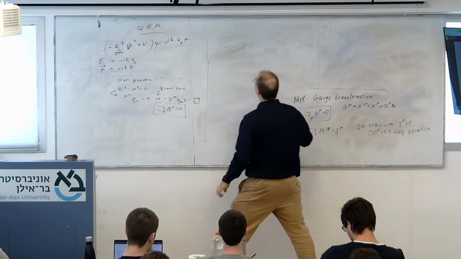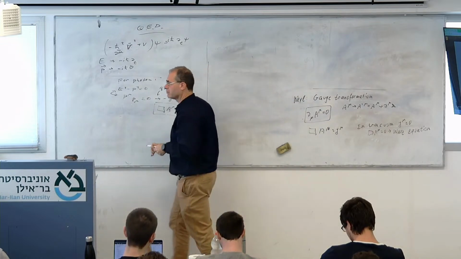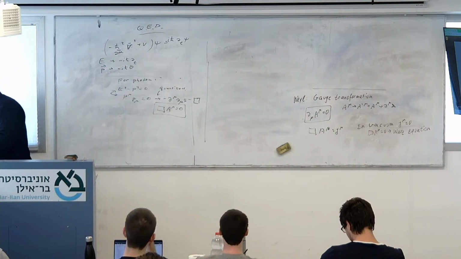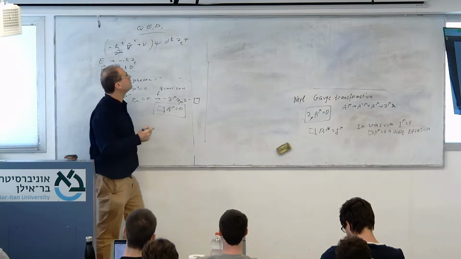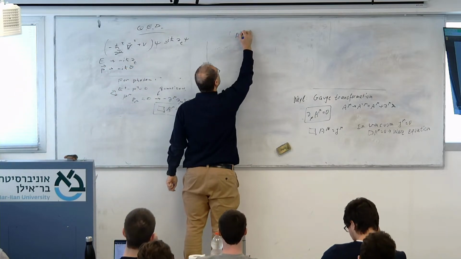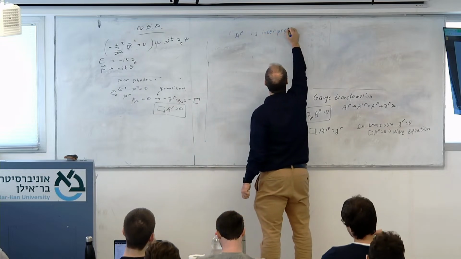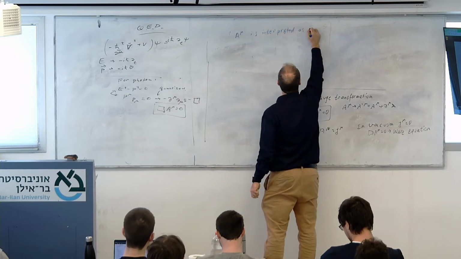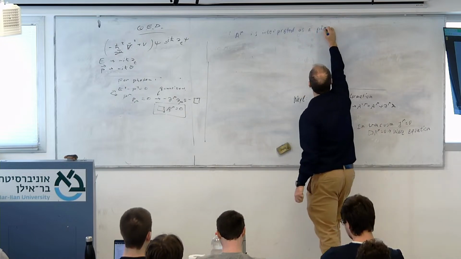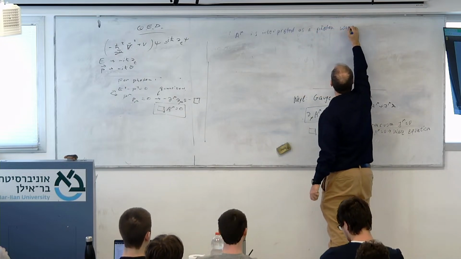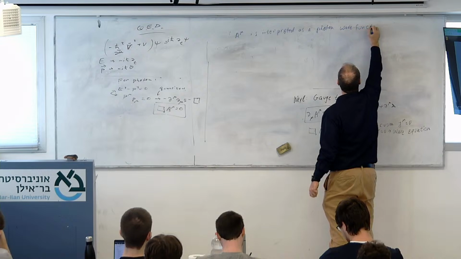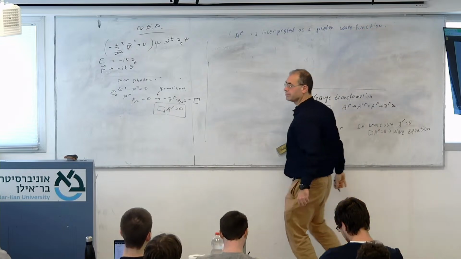So now A mu is interpreted as a photon wave function. That's how we look at it.